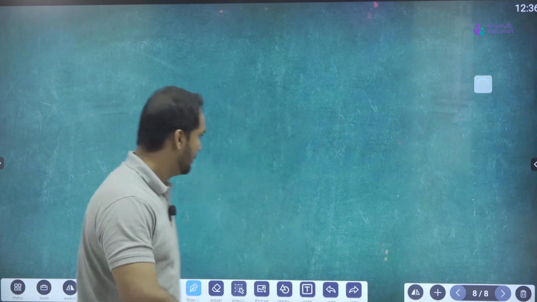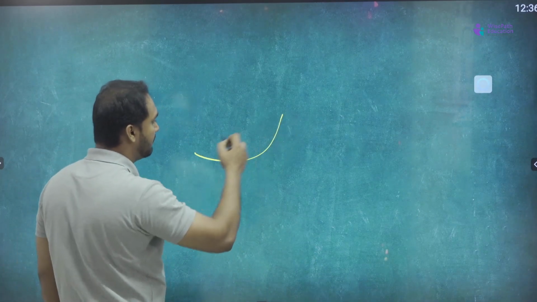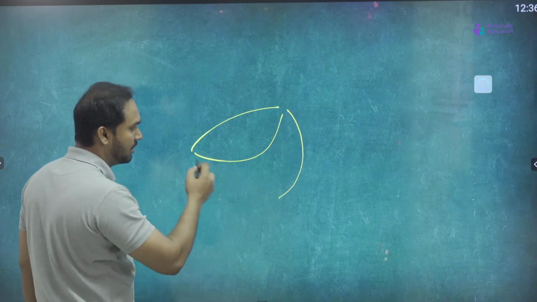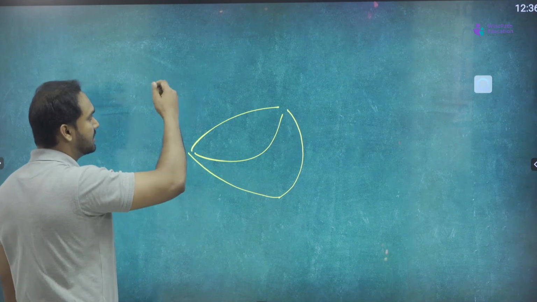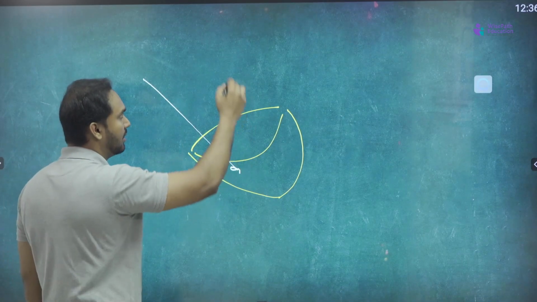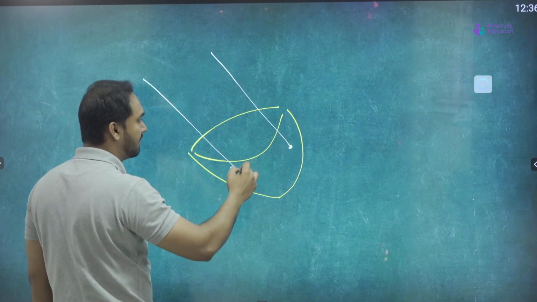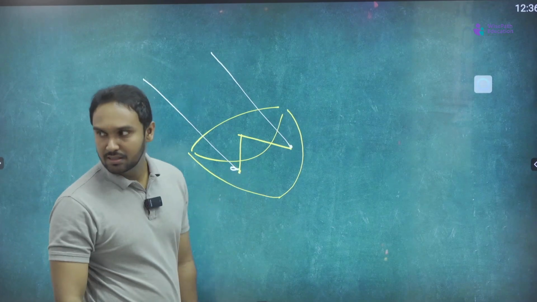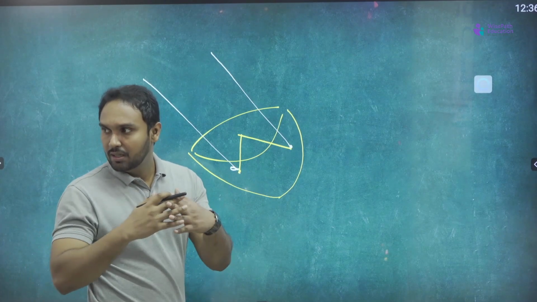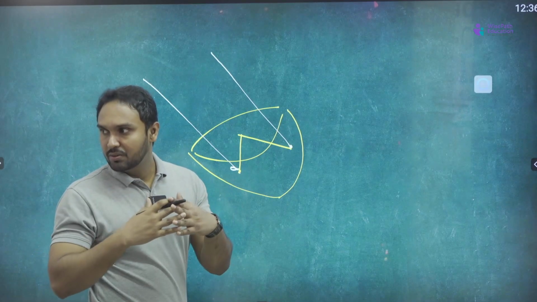So you take a concave mirror, and when all the sunlight lands on the mirror, it will reflect to the center, isn't it? That's what the concave mirror does. It takes all the reflection to the center.